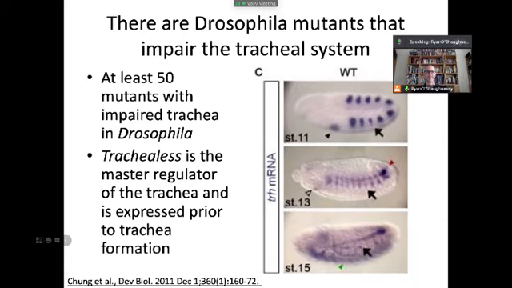So we can see here in our wild type, we can see that trachealess mRNA is expressed in our segments prior to the formation of the trachea. And then we can see here that the RNA, so this is an in situ hybridization, we can see the RNA for trachealess is being expressed in this region here, and you can see the tubes being produced in a later stage of Drosophila development.